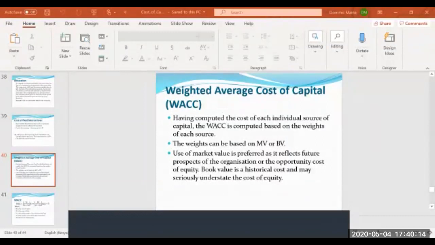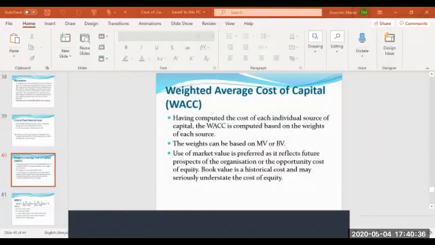Last time we met, we were discussing how we determine the company cost of capital, that is, how we determine the return the different providers of capital expect to receive for their investment in the company.